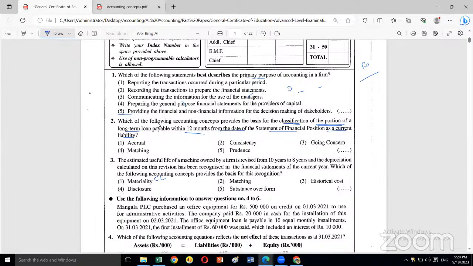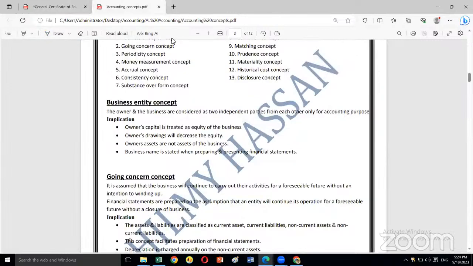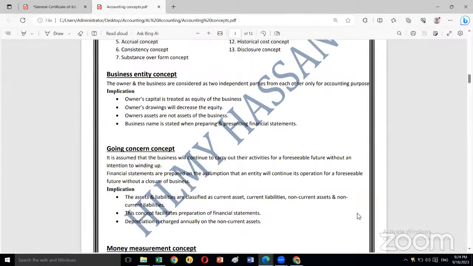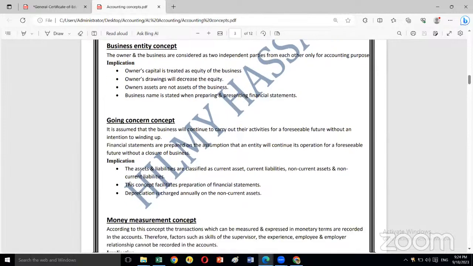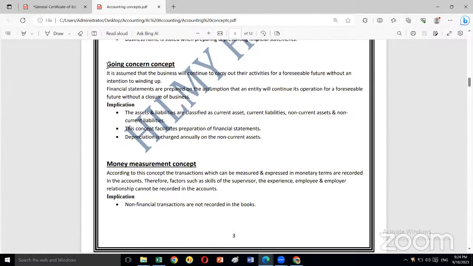But before we do this, we should know the standards. I am not going to explain in detail here; I am only going to give you the idea. First, I'll explain the going concern concept.